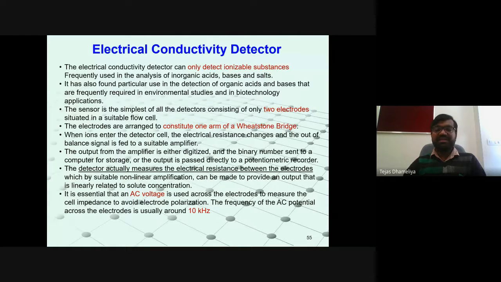And they will utilize something like a Wheatstone bridge, which you might have referred to in your physics. What is essential for the electrical conductivity detector is AC voltage. At home, whatever current we are having, that is DC. In industry, whatever the current is there, that is AC. Alternating current, direct current, two types of currents. We need AC voltage for this kind of electrical conductivity.